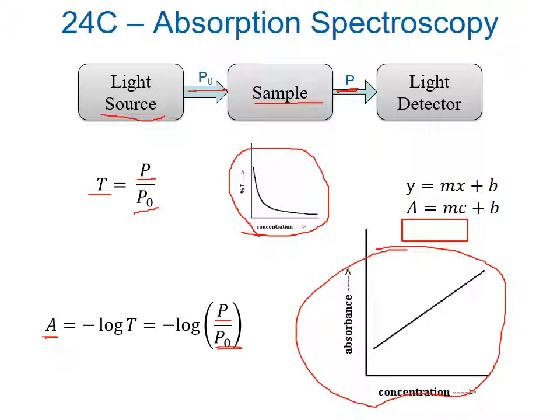We can actually define that m as well. That m is a factor of two different things: epsilon, which is the molar absorptivity, so essentially how much any given substance will absorb at a certain wavelength, and L, which is how long that sample is, so how far the light has to travel through a sample of that concentration. And then of course the concentration is the x.